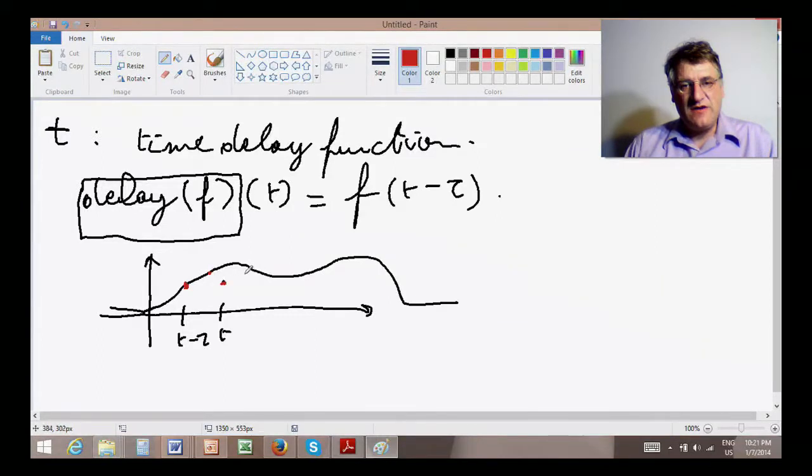So here it comes about there, there it's about there, there goes about here, and you see that when you join all the things, you basically obtain a shifted version of f to the right.